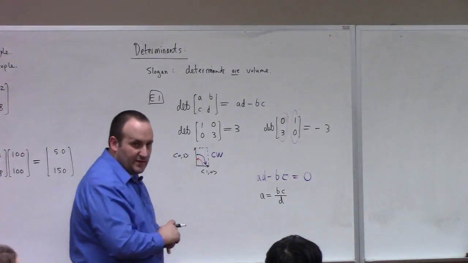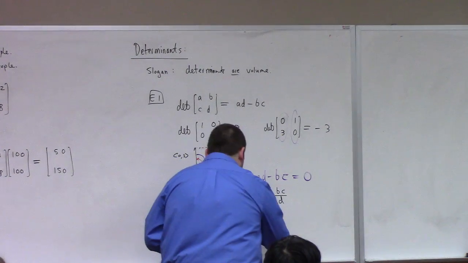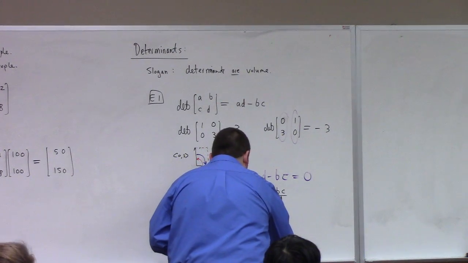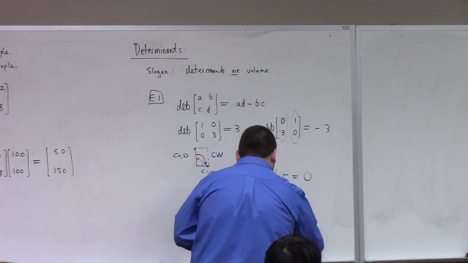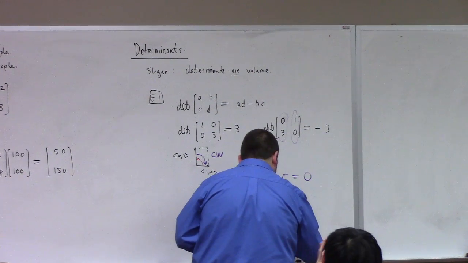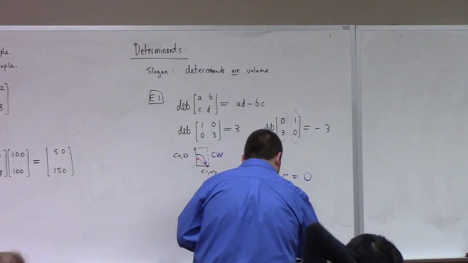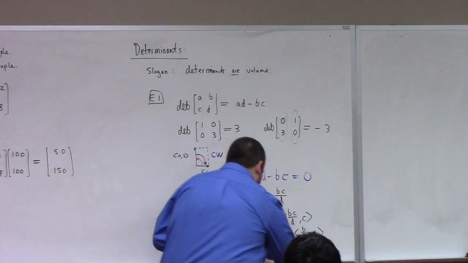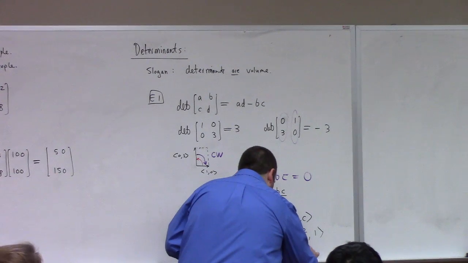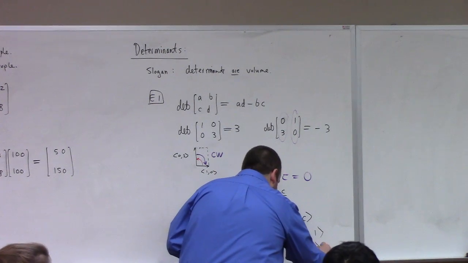A is equal to BC over D, right? So what's that say about A comma C? It's equal to BC over D comma C, right? Which is C times B over D times 1, right? Which is also C over D times B comma D.